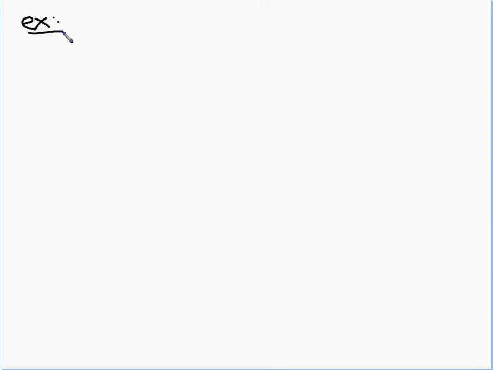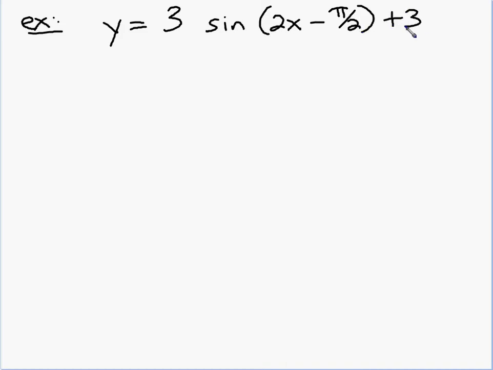Let's say that I wanted to graph y equals 3 sine of 2x minus pi halves plus 3. All right, let's start breaking this problem down. Obviously, my amplitude is 3.